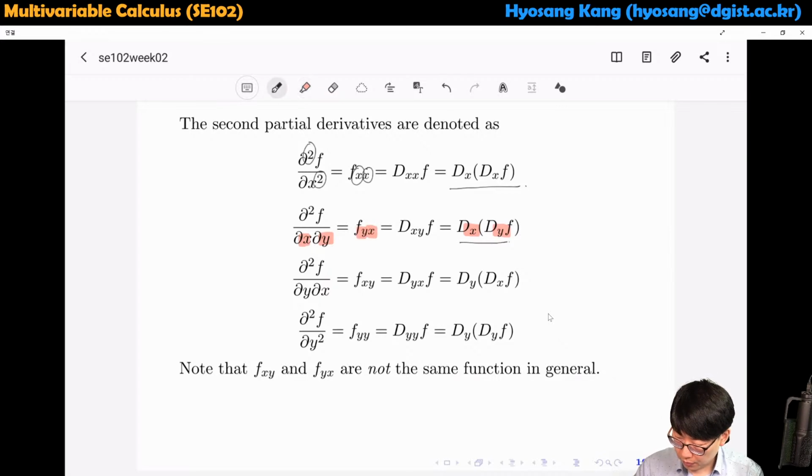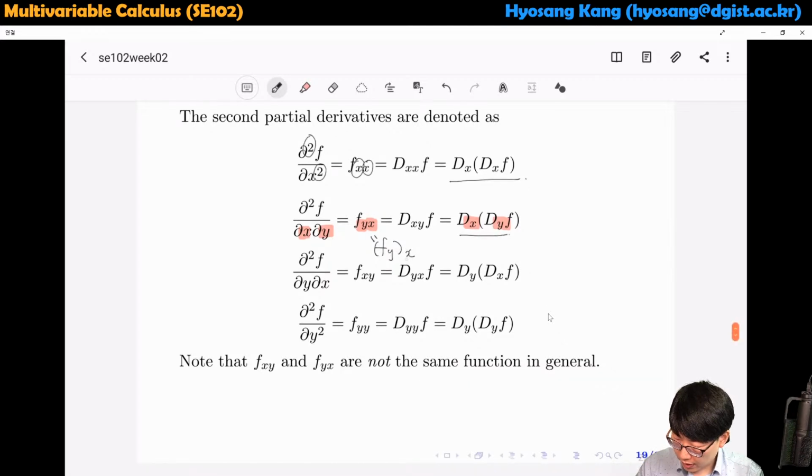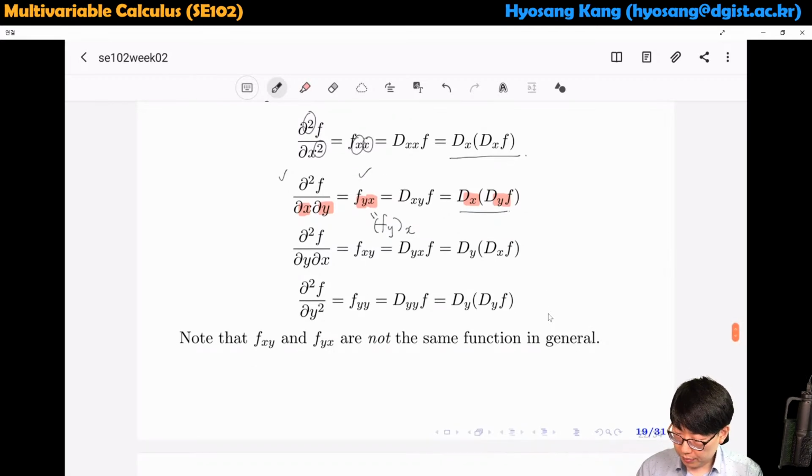Usually when we put the subscript to indicate the partial derivative, we mean that this is taking a partial derivative in y first and then x. So the order of x, y is reversed between the first notation and the second notation. You have to be careful.